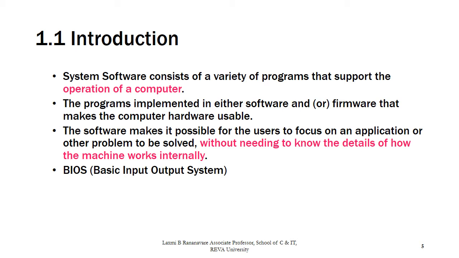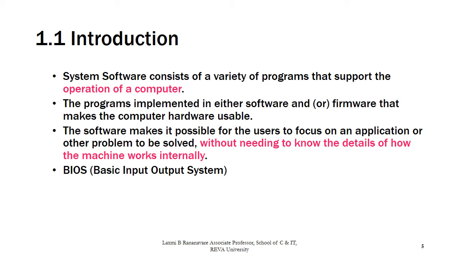System software makes it possible for users to focus on an application or the problem to be solved, rather than needing to know the details of the machine and how it works internally. The user need not bother about the inner details of the machine, how the program will be executed internally.